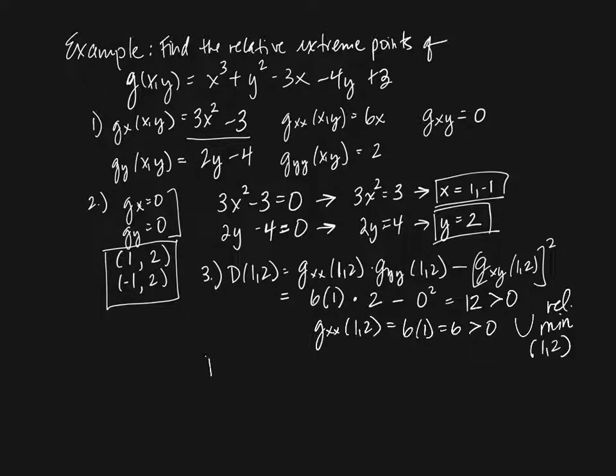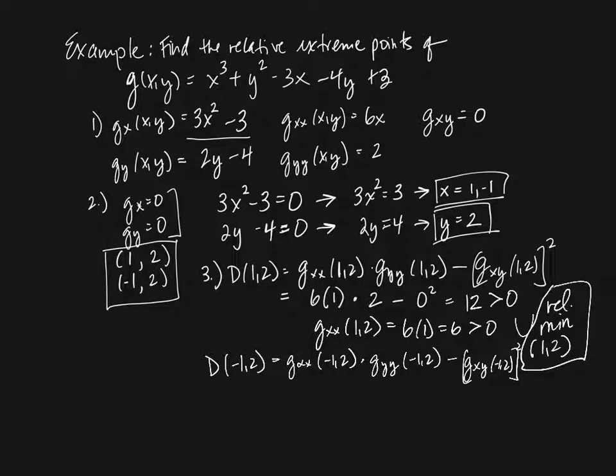Now we need to check d at negative 1 comma 2. So that's g xx at negative 1 comma 2 times g yy at negative 1 comma 2 minus g xy at negative 1 comma 2 squared. So g xx, that's 6 times x. So 6 times negative 1, times g yy, which is always 2, minus our mixed partial squared, so 0 squared.